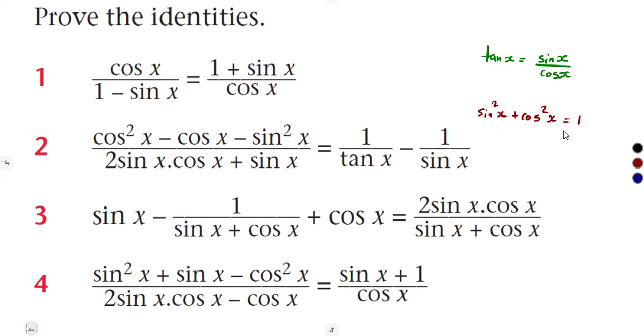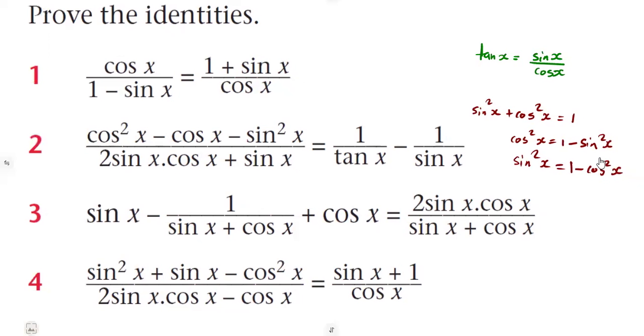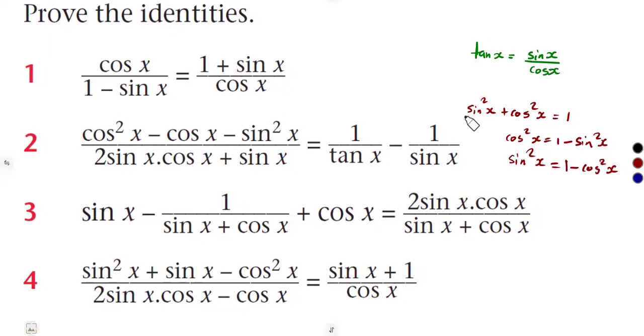And we saw that we can change the subject to cos squared, which is equal to 1 minus sine squared, or we can change sine squared to be the subject. So it will be 1 minus what? Cos squared of x. This is simply from the one identity that we have. We create these two from there.